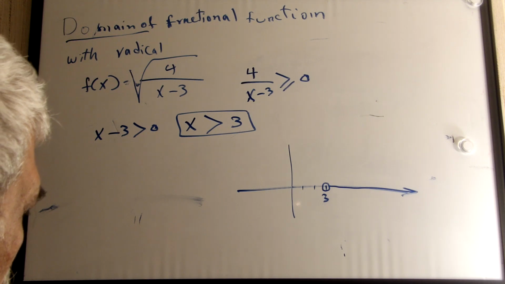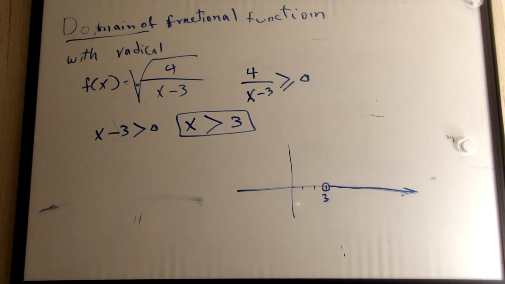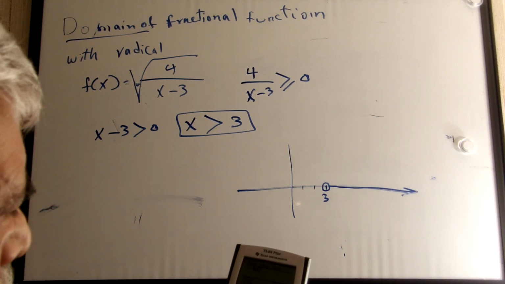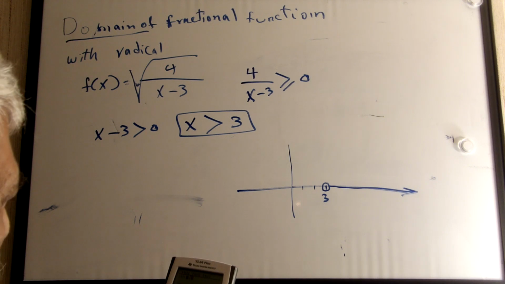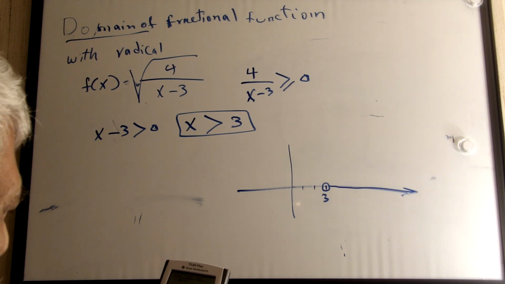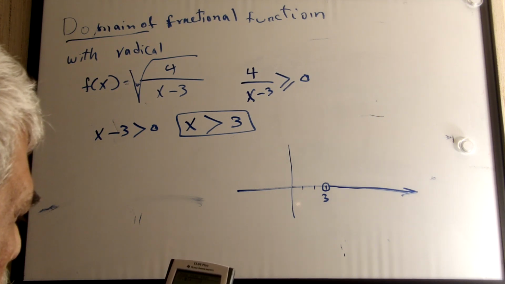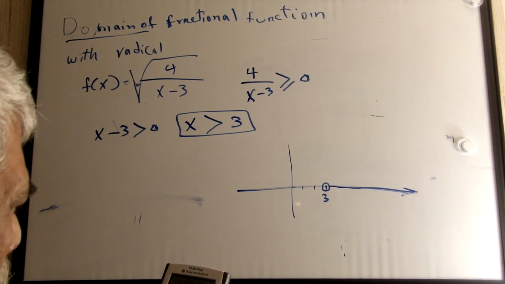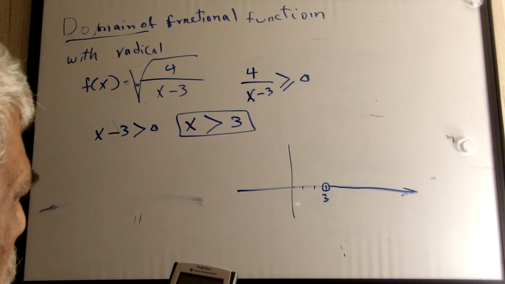So use this one, f of x equals the radical square root of 4 divided by x minus 3, and then, so what?